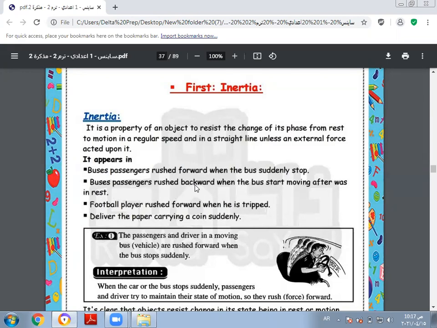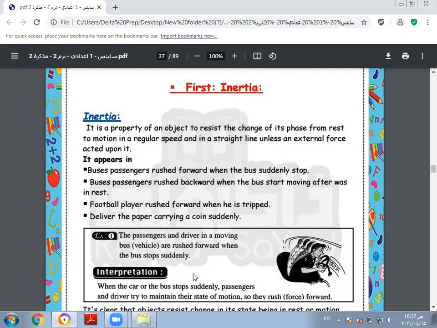It makes them resist the sudden motion of the vehicle to maintain the state of rest, so they rushed back. Number 3: a football player rushes forward and falls down when he is tripped. Give reason: also due to force of inertia.